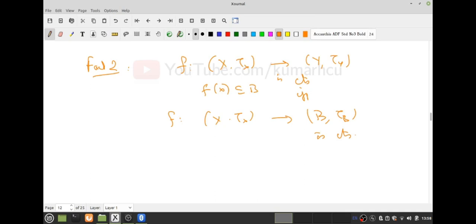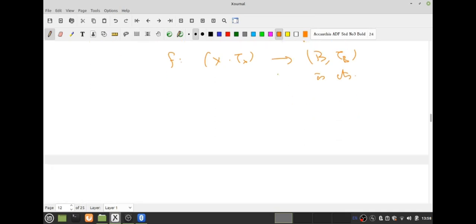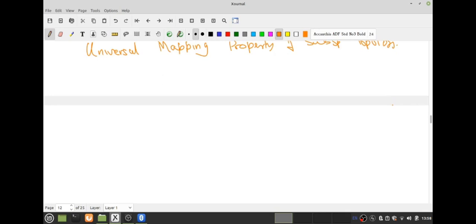This is called the universal mapping property of subspace topology. This is never done in any textbook. What does it say? UMP.